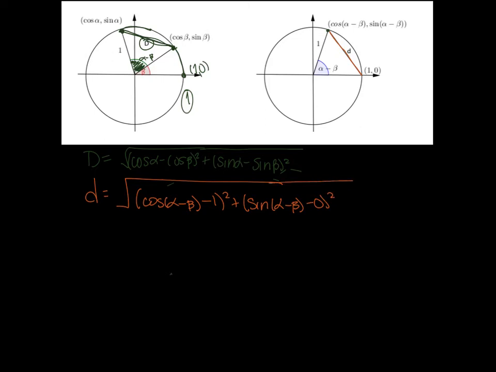But wait, there's more. Remember that this angle here and this angle here that I colored in green are the same angle, which means that these two distances are equal to one another. And that is what allows us to set up the proof for our sum and difference formulas.